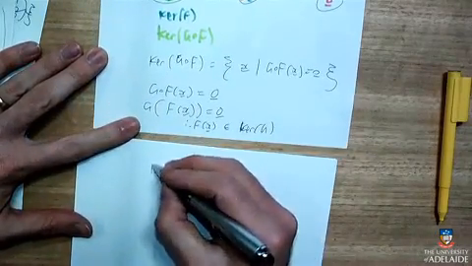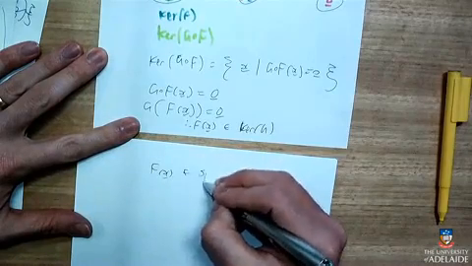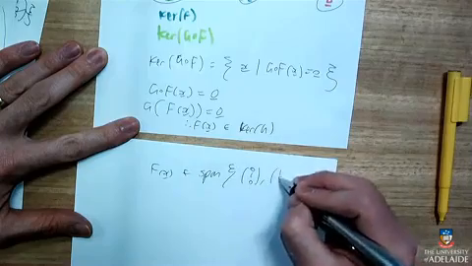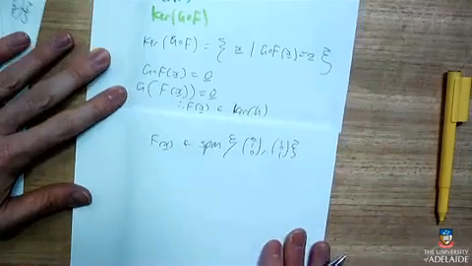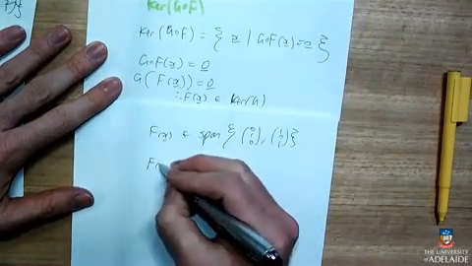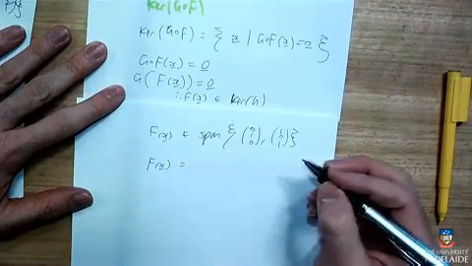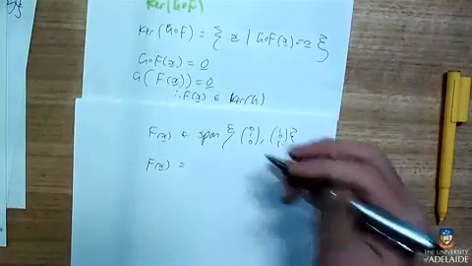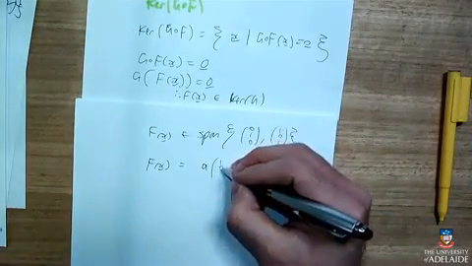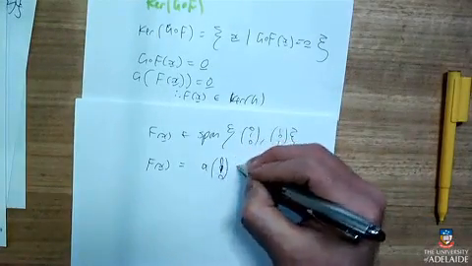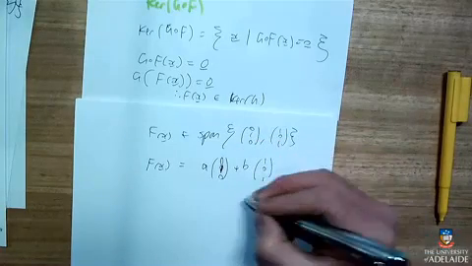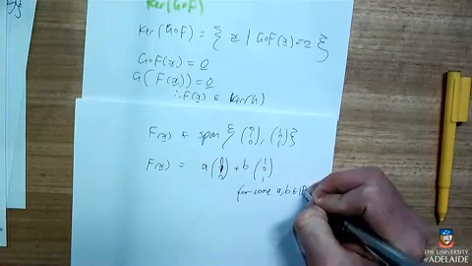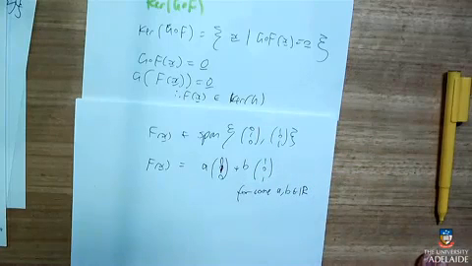Which means that f of x is in the span of (0, 1, 0) and (1, 0, 1). So it's going to be a of (0, 1, 0) plus b of (1, 0, 1) for some a and b in R, because that's what it means to be in a span.